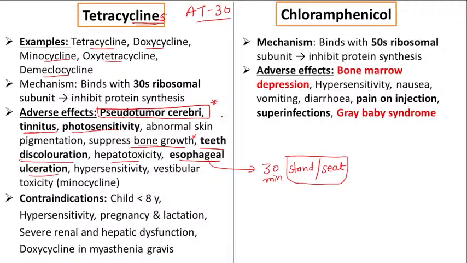You cannot sleep otherwise. तो क्या होगा कि वो दवाई esophagus में ही रह गई तो chances of toxicity would be higher.